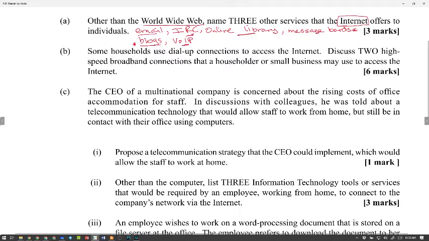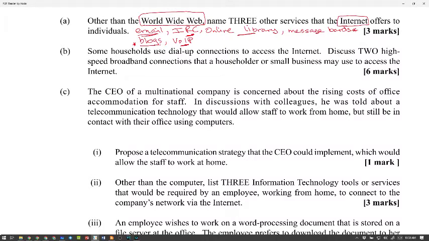When you think about other than the World Wide Web, you might want to think along the lines of, okay, the World Wide Web needs a web browser to work, so anything that needs a web browser to work may not be the best answer. Services that the internet offers that don't use web browsing would be the more sending messages kind of vibes.